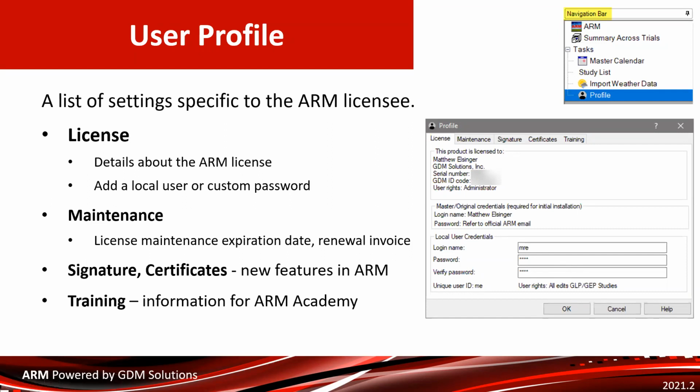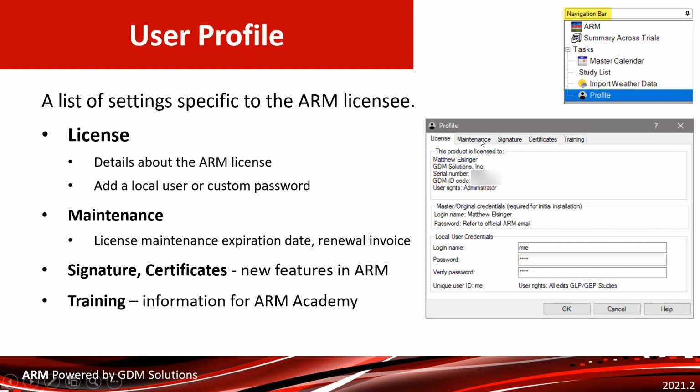Others might have the main investigator as the license owner, but maybe someone in the office often logs into my computer to manage trials. I could create a login for them that's just local, just to this one computer where my ARM is. And so that would be where you could put in that local user.